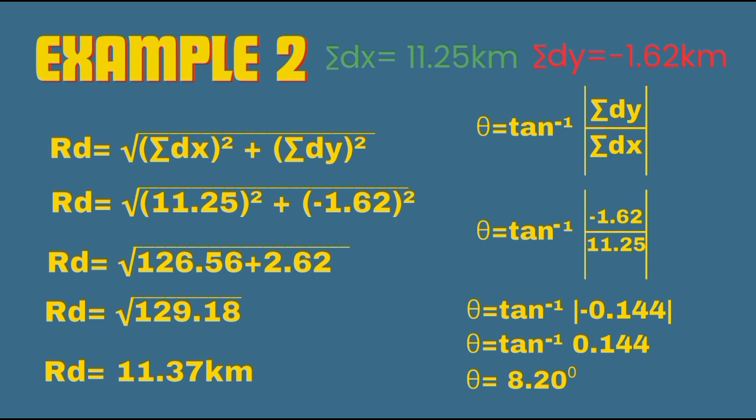And for the direction, theta is equal to tan⁻¹ of the absolute value of negative 1.62 over 11.25. Negative 1.62 divided by 11.25 would be 0.144. It has an absolute value, so it will become positive. So tan⁻¹ will be 8.20 degrees. So the direction or the angle would be 8.20.